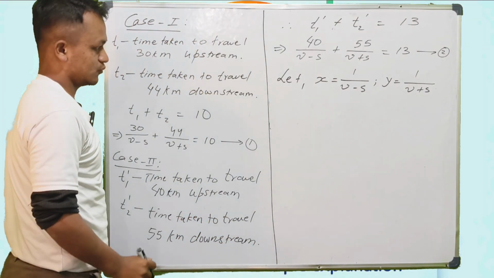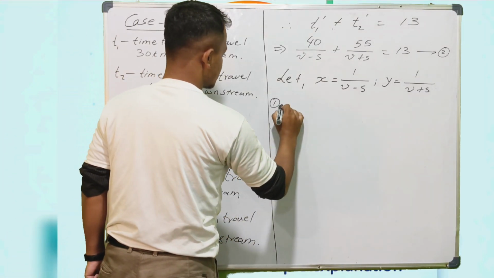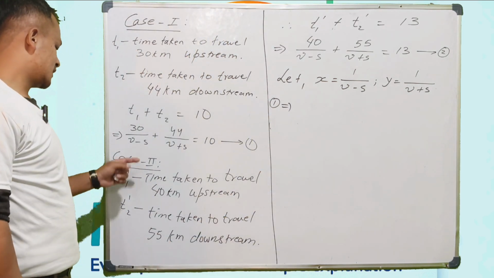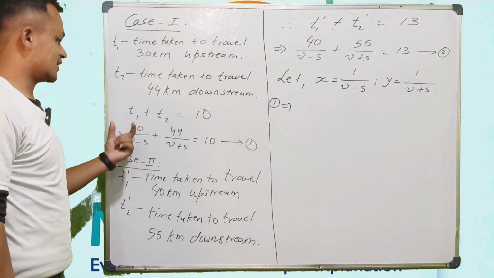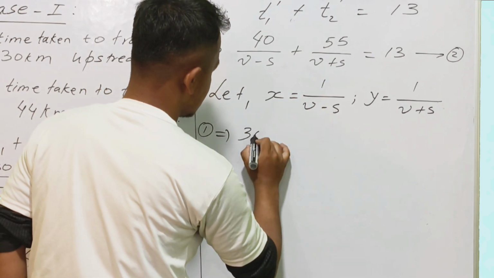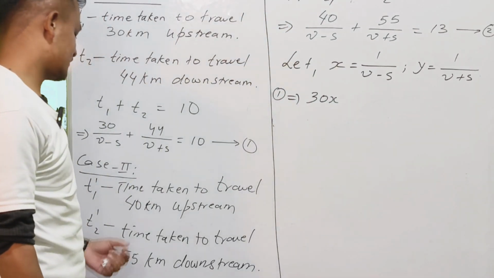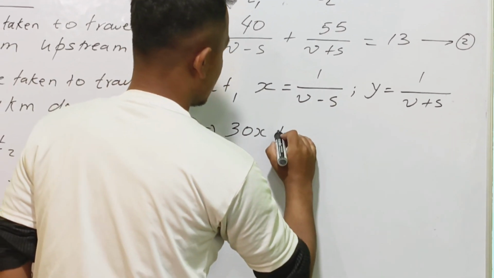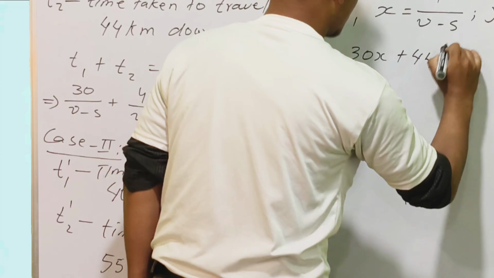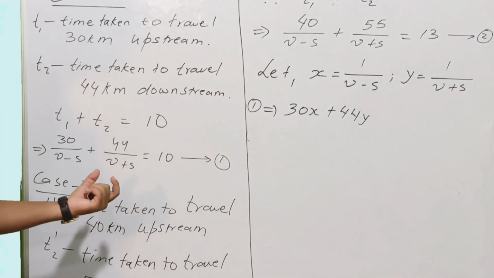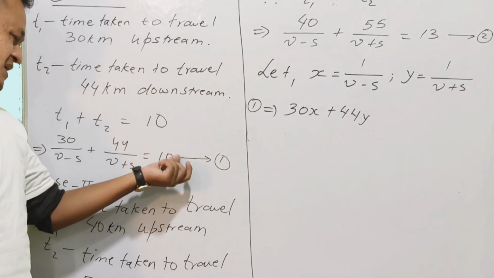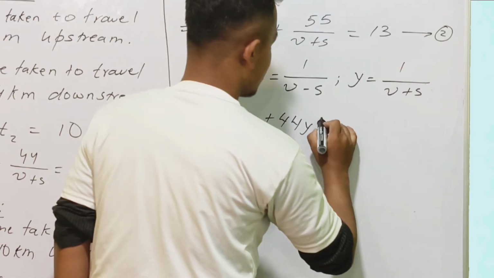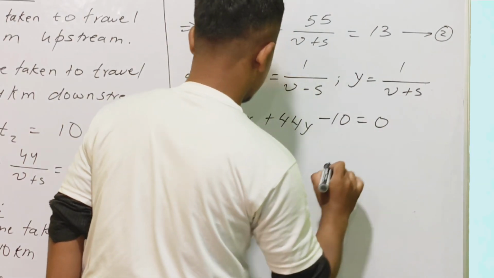Then equation 1 will be reduced to 30x plus 44y, and the 10 on the right side in equation 1 we can take towards the left, so it will become minus 10 is equal to 0.